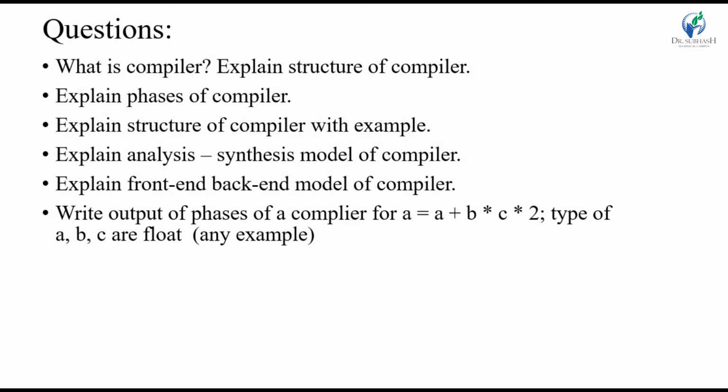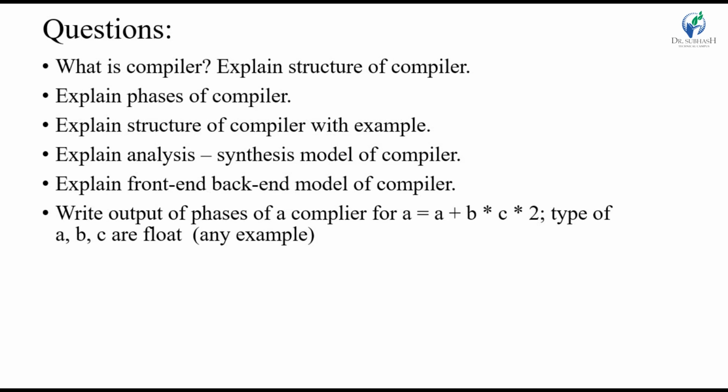Write the output of the phases of a compiler for a is equal to a plus b into c into 2, where a, b, c are of type float. These types of examples are asked in your exam. For this example, identifiers are generated like this: for a, it's identifier 1, then equal to means assignment sign.